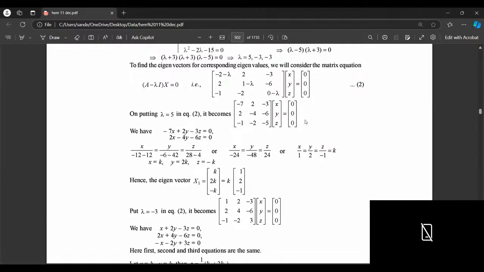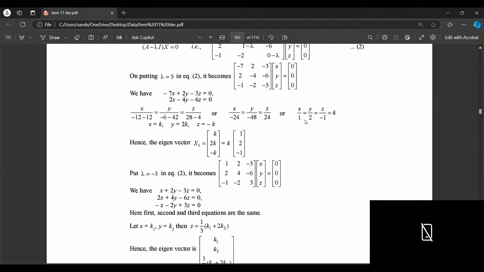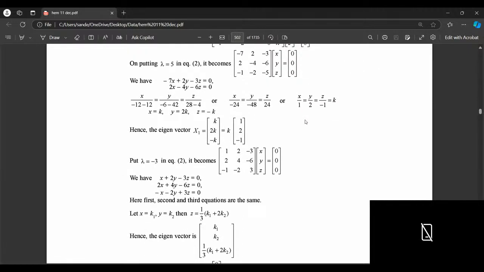Similarly, for lambda equal to -3, using lambda equal to -3, you will get x plus 2y minus 3z equal to 0, 2x plus 4y minus 6z equal to 0, minus x minus 2y plus 3z equal to 0.